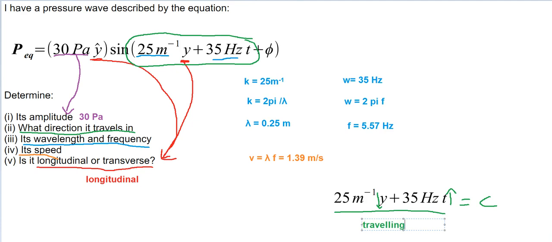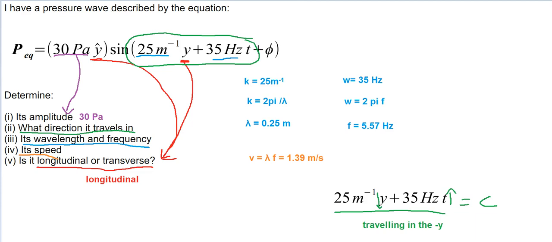So here we're traveling in the negative y direction. Right, so inside here, you'll notice that the y is not a vector. You have to do this comparison between y and the time to figure out what direction you're going in. So what you want to ask yourself is, if I increase time, what do I have to do to my position variable to keep this sum of two terms the same?